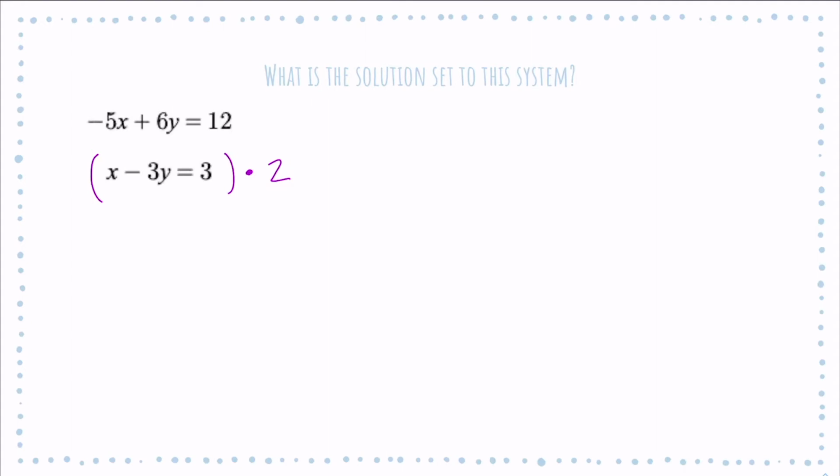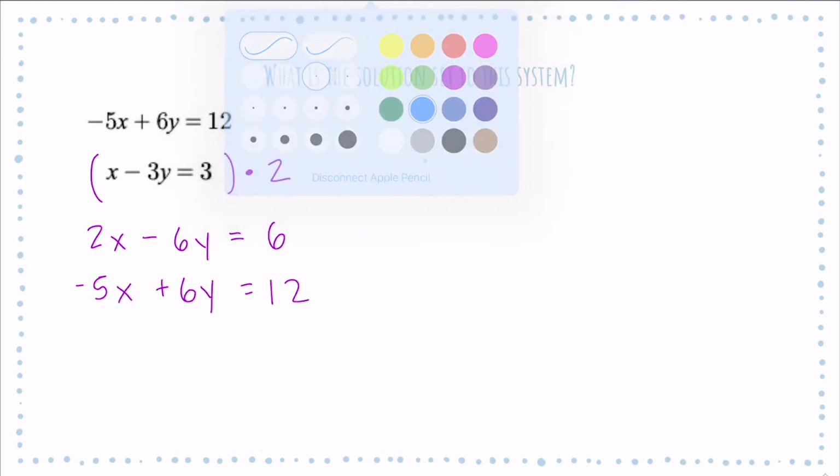Either way, we'll be able to begin our elimination process. So I'm just going to multiply the whole equation by 2. So that's 2 times x to give us 2x, 2 times negative 3y to give us negative 6y, and then 2 times 3 to give us 6. So I'm going to bring down that first equation as is. And now I can begin the elimination process.